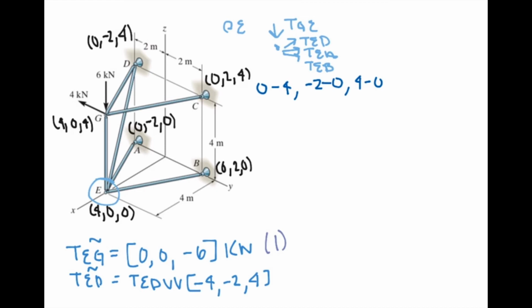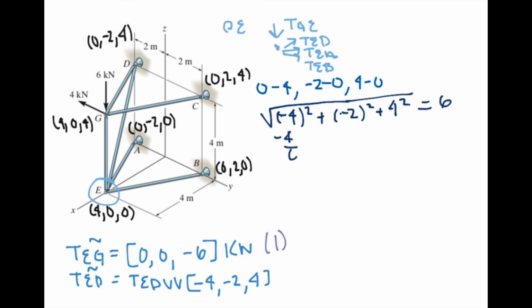And if we solve for our unit vector again, we are going to be solving as minus 4 squared plus minus 2 squared plus 4 squared. This simply equals 6. So we'll do minus 4 divided by 6, minus 2 divided by 6, and positive 4 divided by 6.